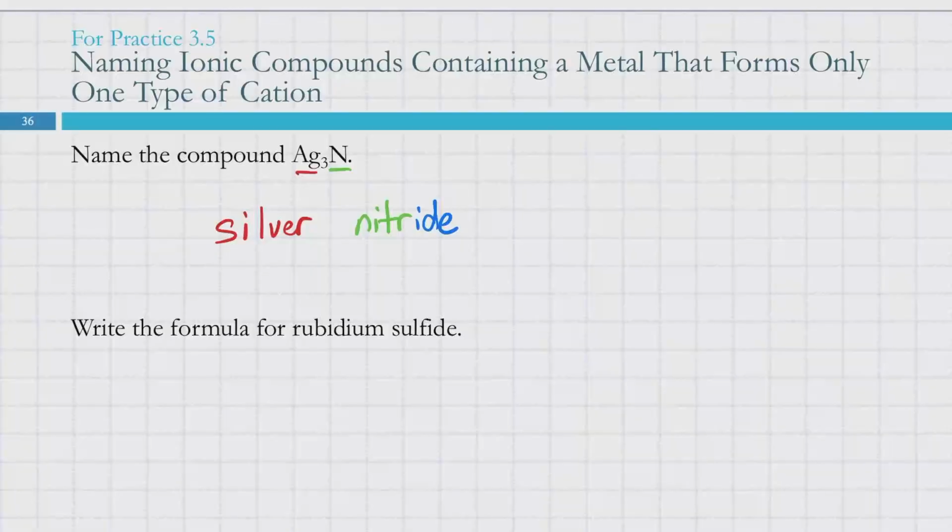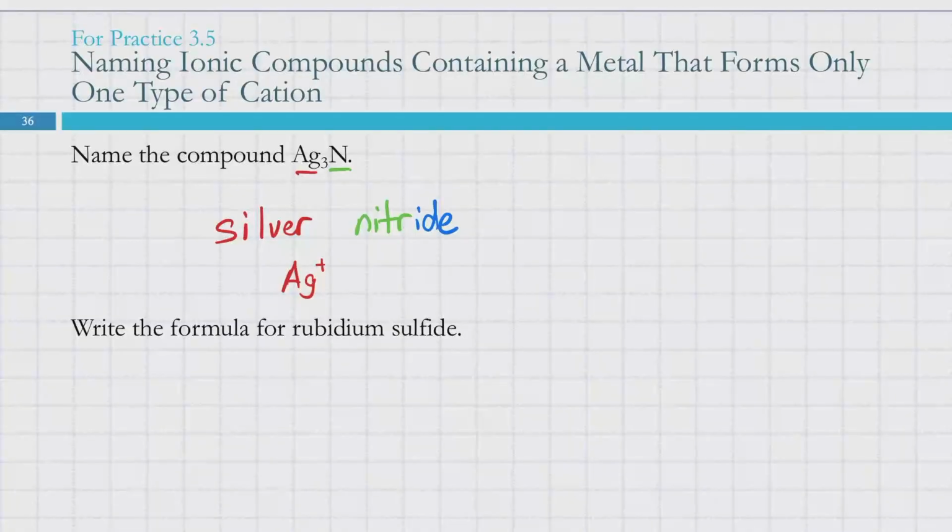Where did the 3 go? They evened out. We don't need the 3. We don't need to include anything about the 3 because we know that silver is always a +1, right? So let's look at if we were going the opposite direction. Silver, okay, we memorized that it's silver plus.